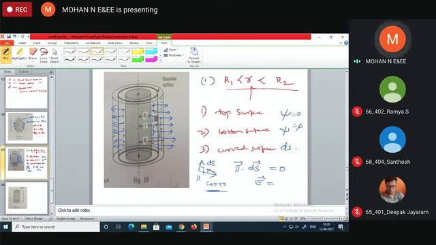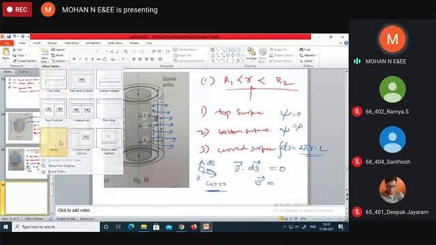If you integrate over the curved surface, that is nothing but the area of the surface, 2 pi r into L, where L is the length of the cylinder. So 2 pi r L is the total curved surface area, and flux lines cross through the curved surface only. That is the discussion we have to do here.